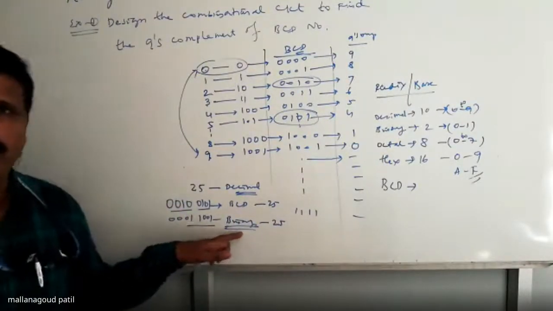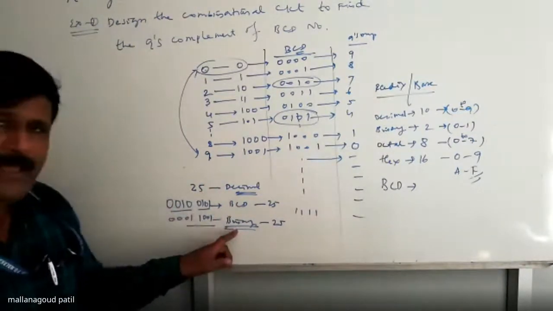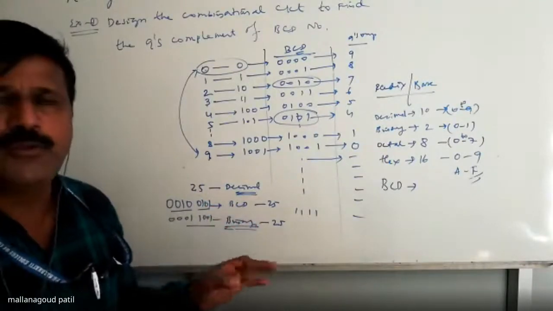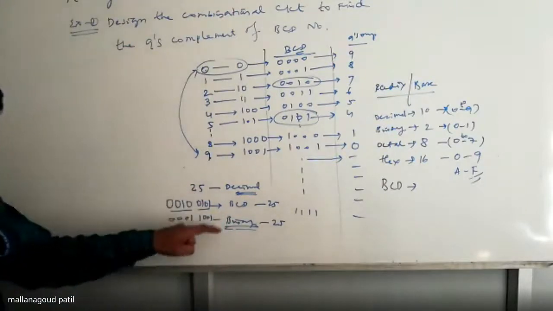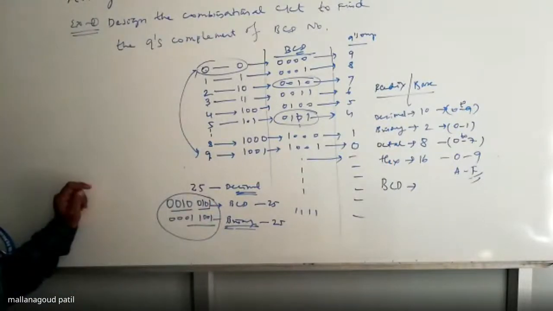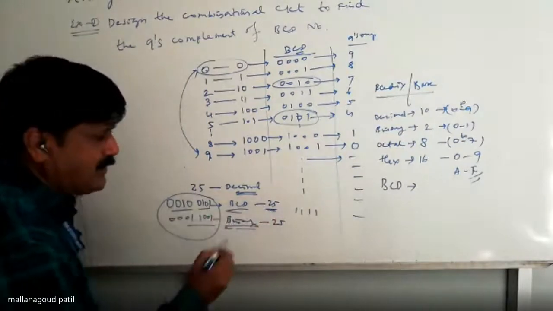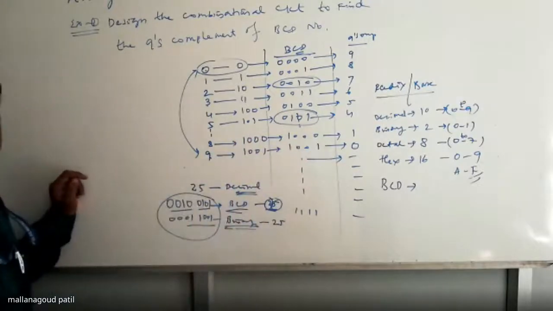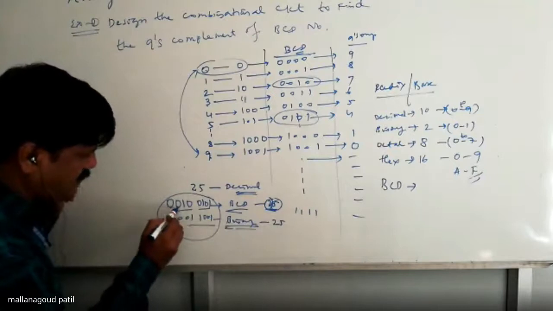Binary base is 2. Even BCD base is 2. What do you mean by base 2? The representation will be only 0 and 1. You see here, both are represented with 0 and 1 only. But in binary coded decimal, this 25 is there, no? 2 is represented separately and 5 is represented separately with 4-bit representation. Therefore, the representation of 2 will be 0, 0, 1, 0.